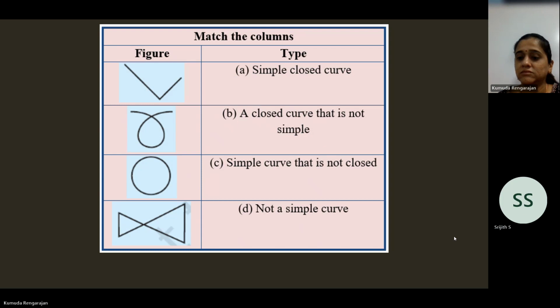Next one. Now, in the heading, the heading that was there when I shared it, you have these two columns.